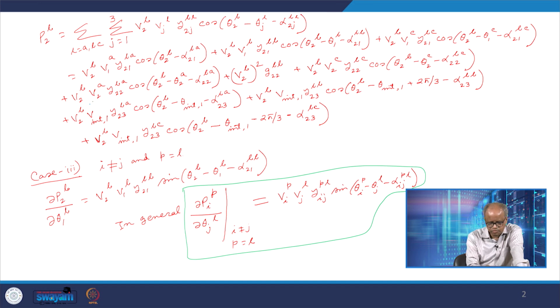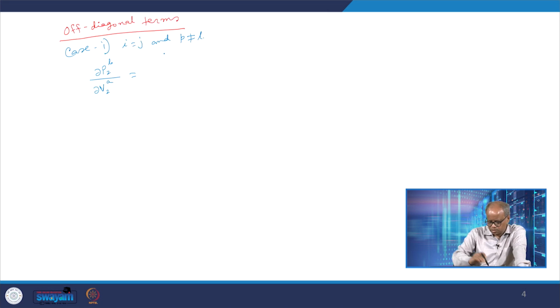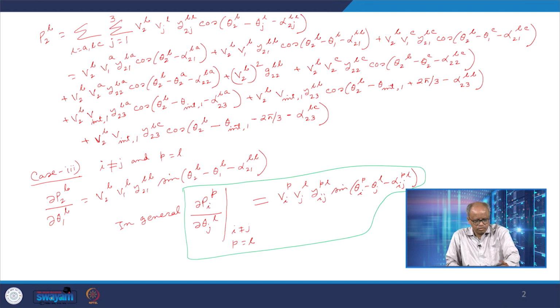So, if I take the partial derivative, all the other terms would be 0, and only this one remains, which is v2b y2ba cosine of theta2b minus theta2a minus alpha2ba, correct.